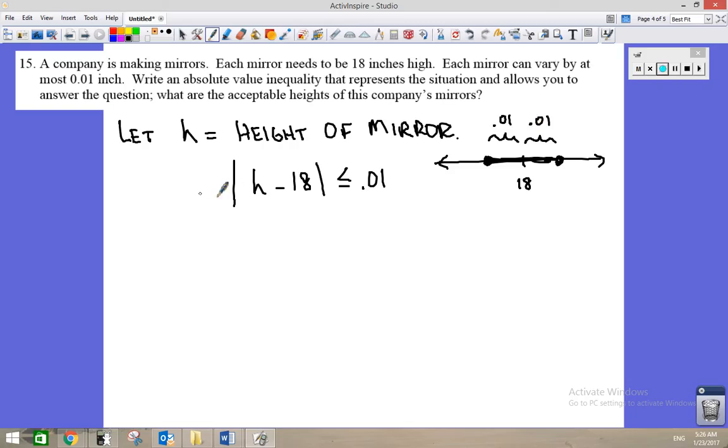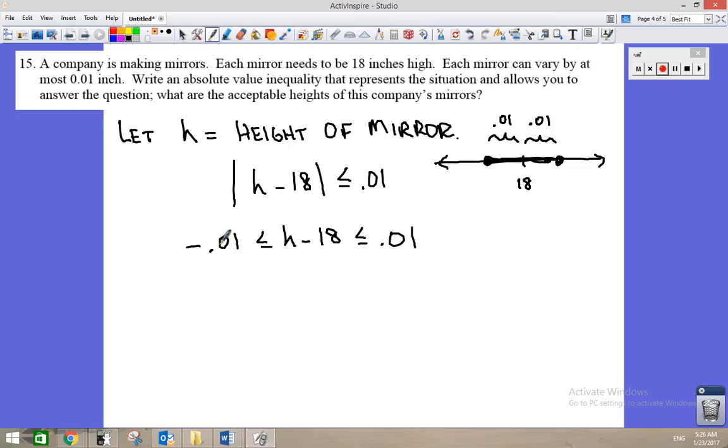So this inequality represents that picture, and if I make this negative and drop the absolute values, I have a compound inequality. Now for my compound inequality to make any sense, the arrows have to point in the same direction and to the smaller value. They're both pointing to the left.